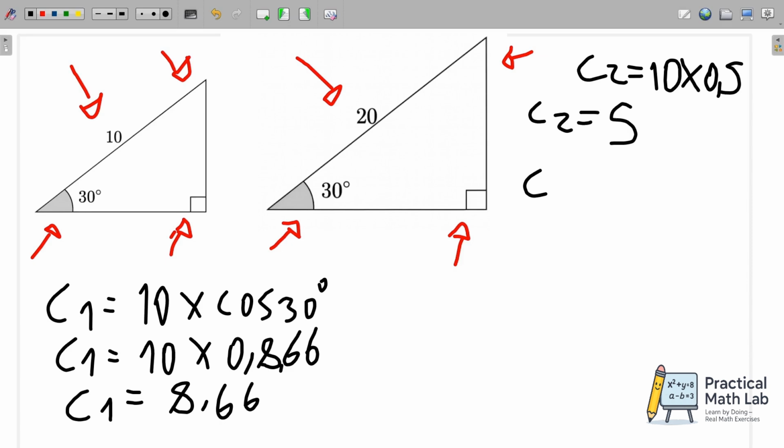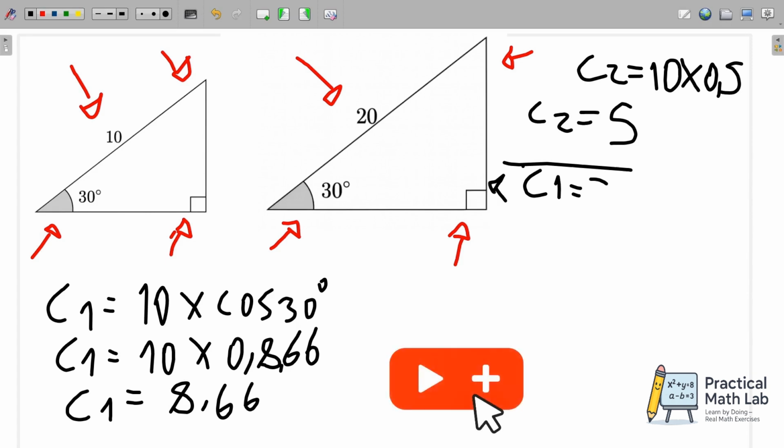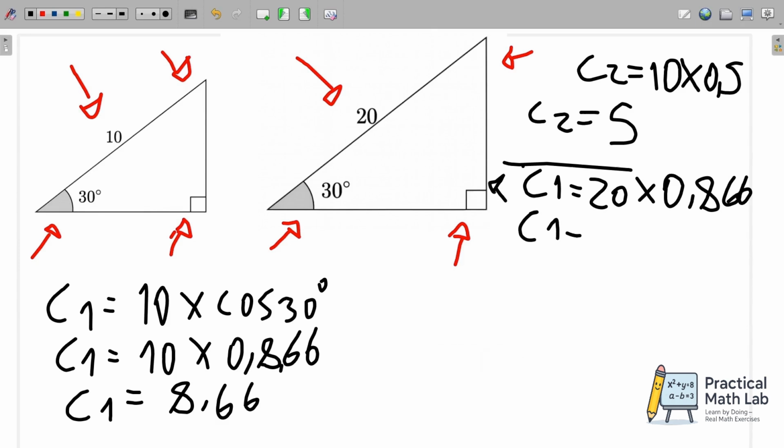Now let's go to the second one. The adjacent leg, now for this one, is equal to the hypotenuse, which is 20, times 0.866. So the adjacent leg is equal to 17.32, and the opposite leg is equal to the hypotenuse times the sine of 30, which is 0.5.